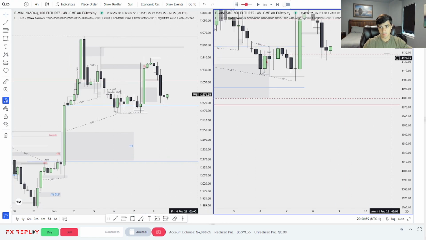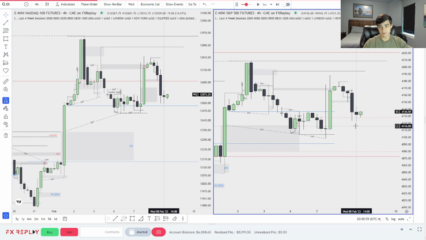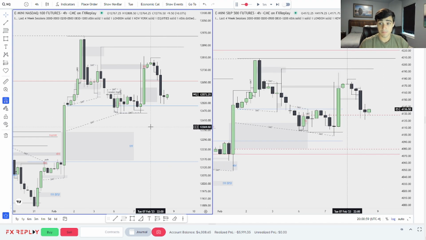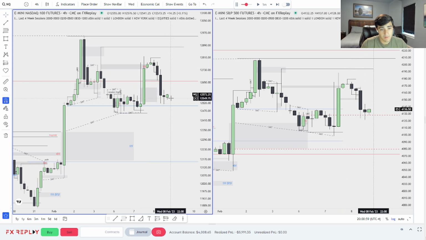So, I was right. We did transition to the sell side of the curve, to rebalance a higher time frame PD array. Cool.